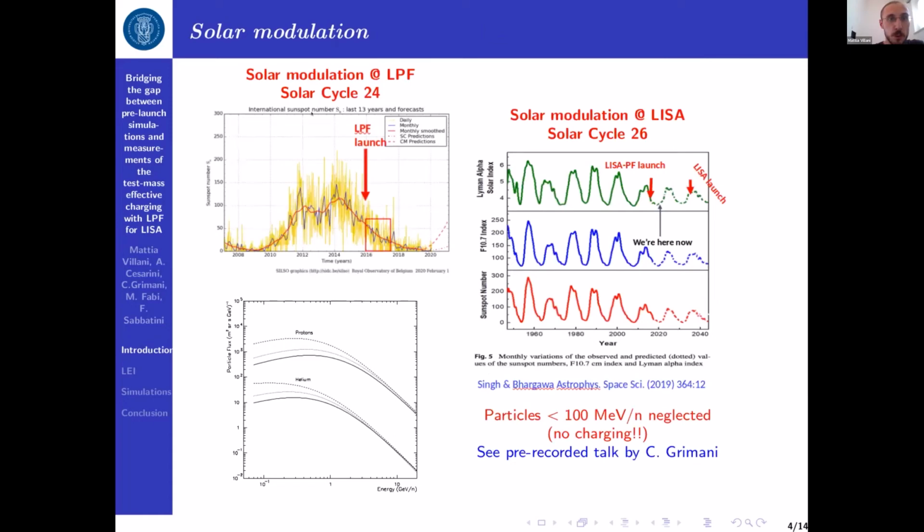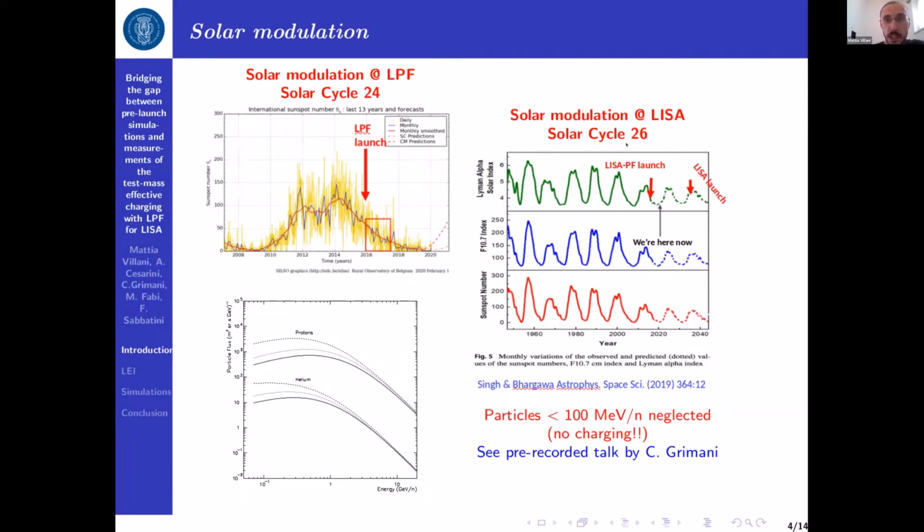LISA Pathfinder flew on the declining phase of solar cycle 24. Here is the beginning of the mission, here is the end. The modulation of the galactic cosmic rays is reported in this plot. At the beginning, it was this continuous curve for proton and helium. At the end of the mission, it was the dashed curve. And when the test mass charging measurements were carried out, it was this dotted curve.